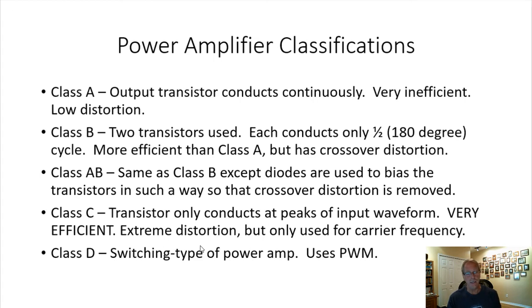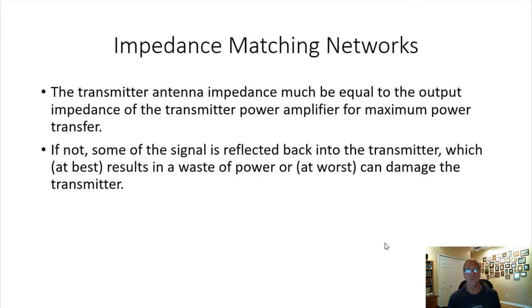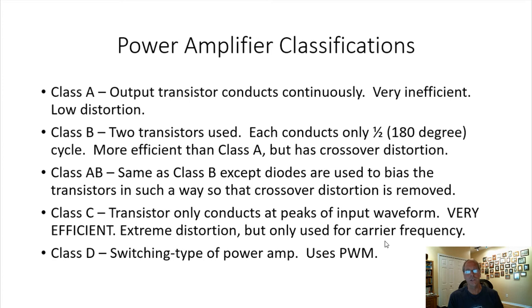There's Class D, which is a switching type of power amp that uses pulse width modulation, which again we've talked about. It really uses a capacitor on the end that gets charged as a charge pump and will reproduce the input signal as a series of pulse width modulated pulses, and those are put through a filter which recreates the input signal.